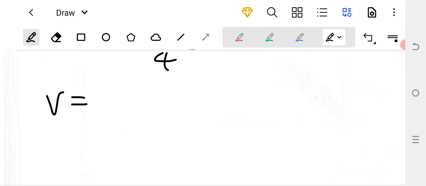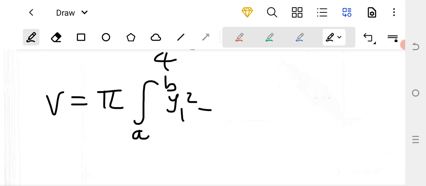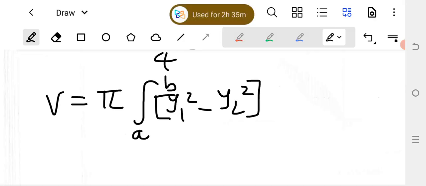Volume is equal to pi multiplied by the integral from a to b of y1 squared minus y2 squared, like that. And since we are rotating the shaded region along the x-axis, we're going to say dx.